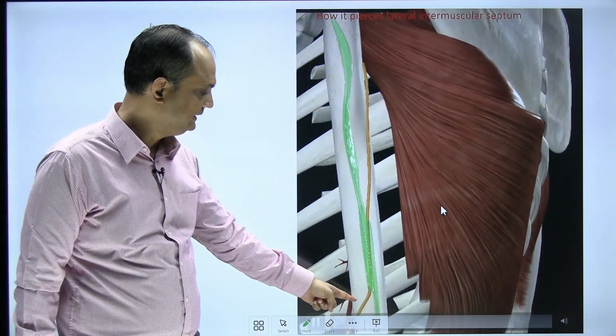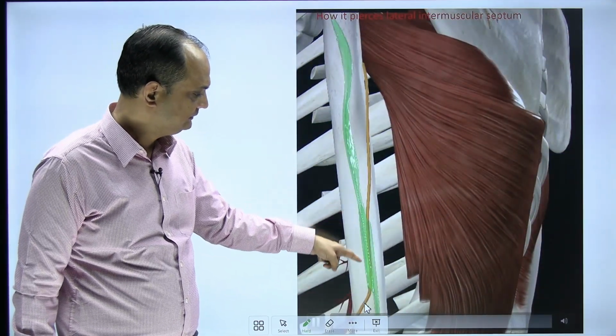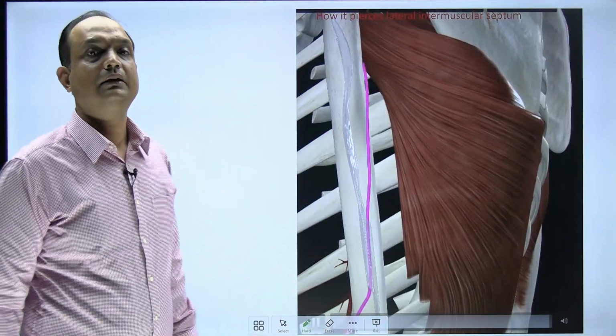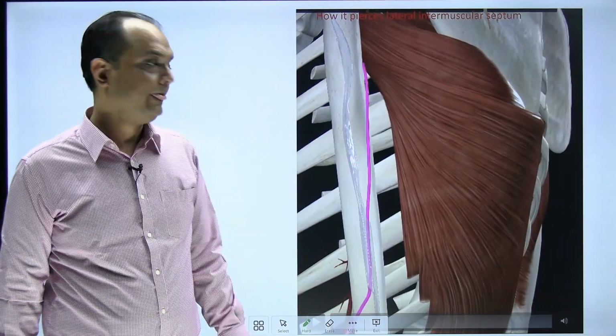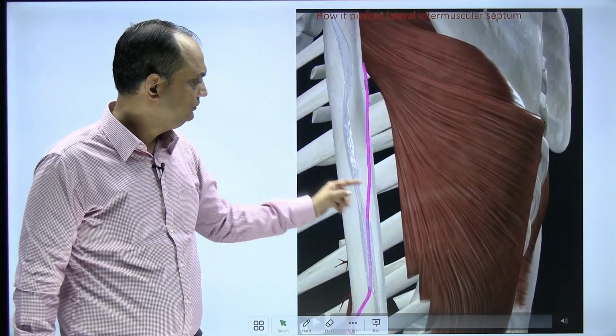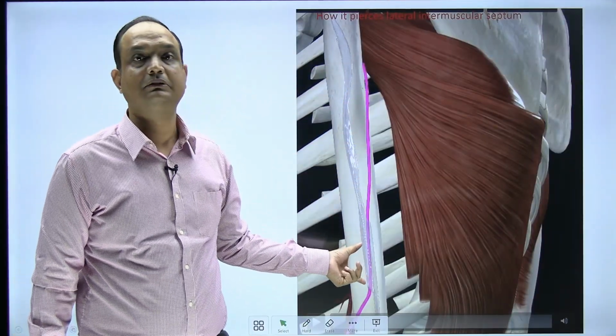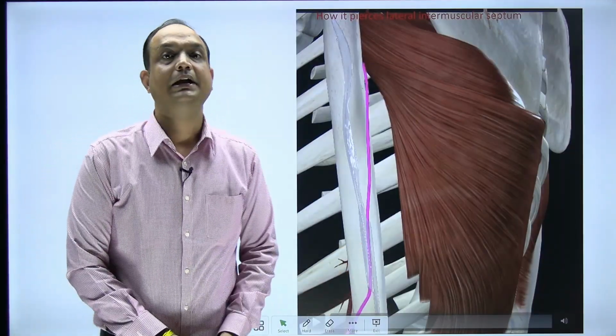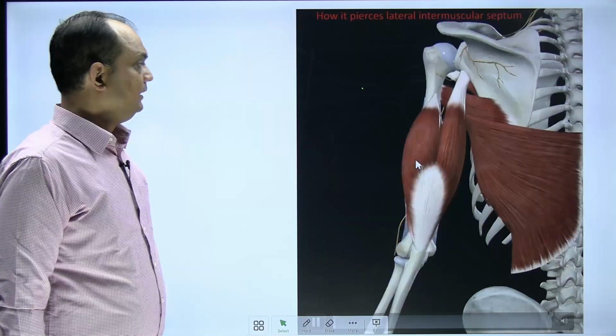So after passing through this septum, the nerve appears in the anterior compartment of your arm. The nerve initially present on the posterior side in the radial groove pierces the lateral intermuscular septum in the lower part, and then it comes to the anterior aspect.